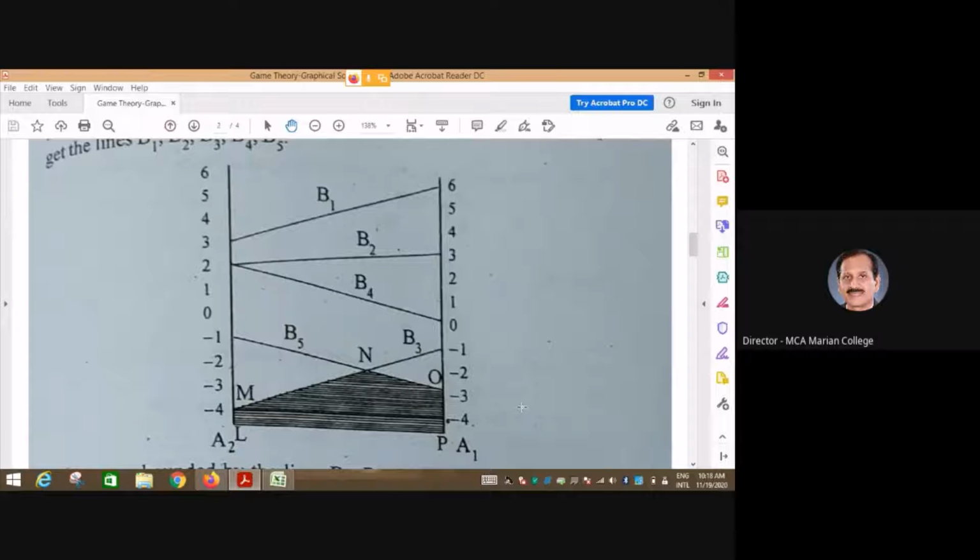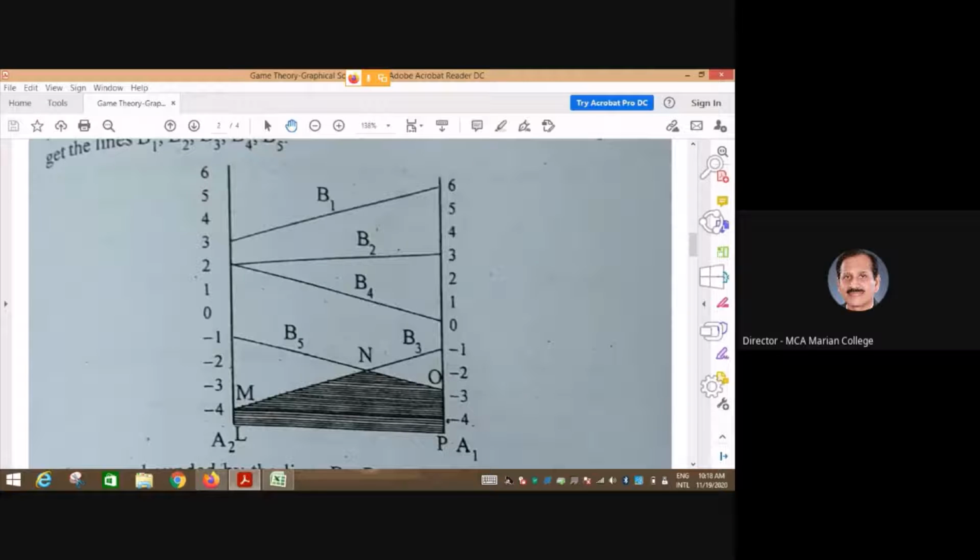This is the method to do this problem. We have 2 strategies for A, or for X. We can name it as A1 and A2. So we can draw 2 vertical lines corresponding to A1 and A2.